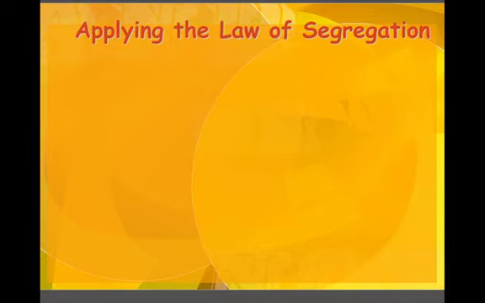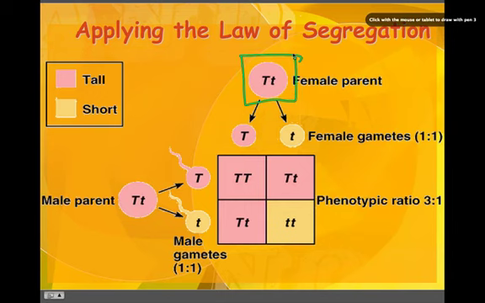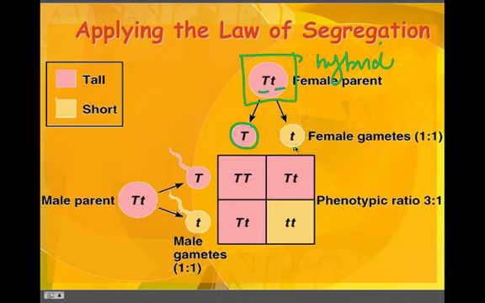Applying the law of segregation. And there is basically what I drew on the previous slide. You've got the mom, and she is a hybrid. She has one of each, and in her individual eggs, one has a big T, the other one has a little t.